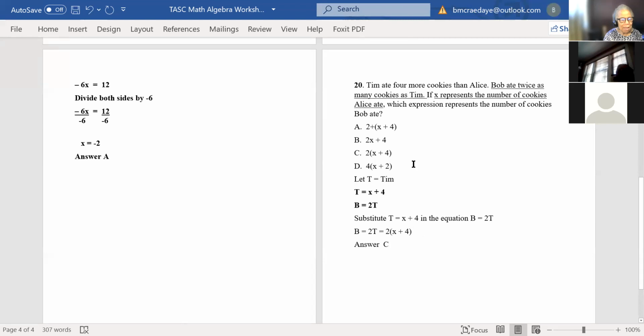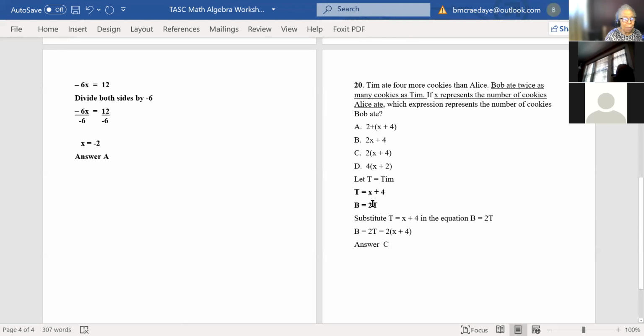In fact, someone gave me D. You see, once you found T equal X plus 4, Alice is X, right? Tim ate 4 more cookies than Alice. Bob ate twice as many cookies as Tim. That's B equals 2 times T for Tim. Now, the question is, which expression represents the number of cookies Bob ate?